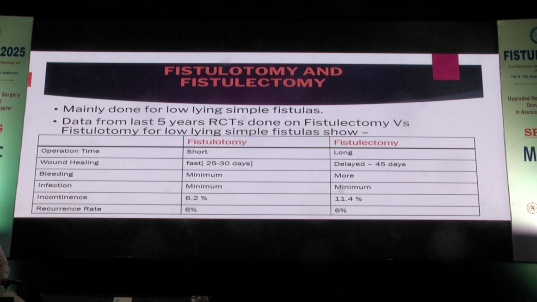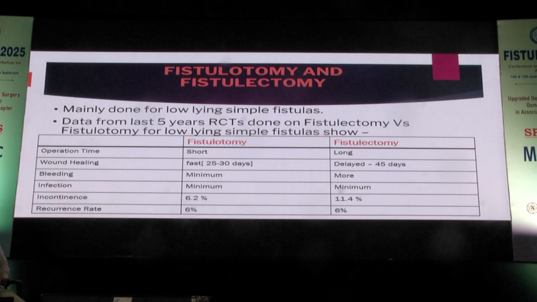A 5-year randomized control study was done on fistulotomy versus fistulectomy for low-lying simple anal fistulas. In fistulotomy, the operating time was short, wound healing was faster, and bleeding and infection were minimal. The fecal incontinence was 6.2% and the recurrence rate was 6%.